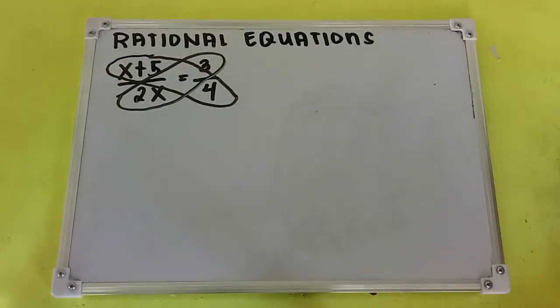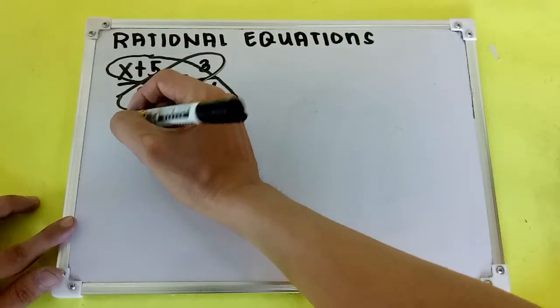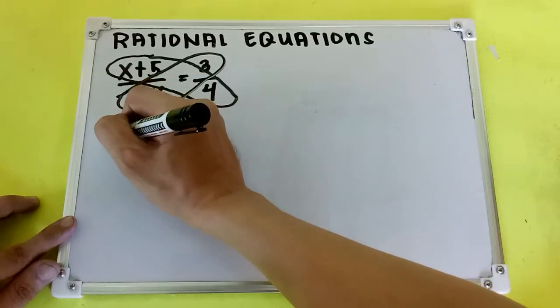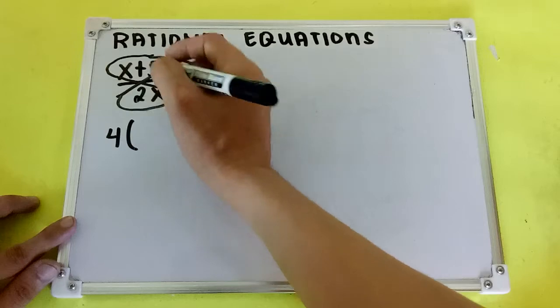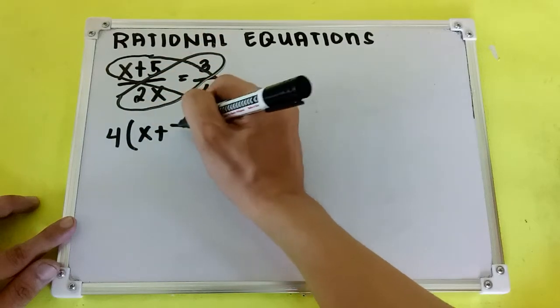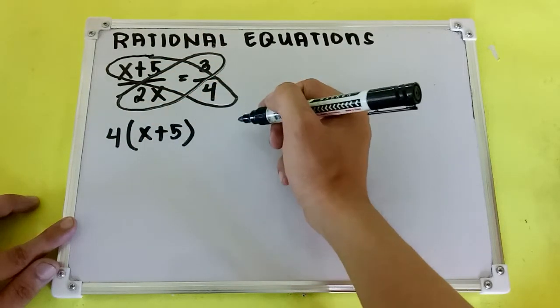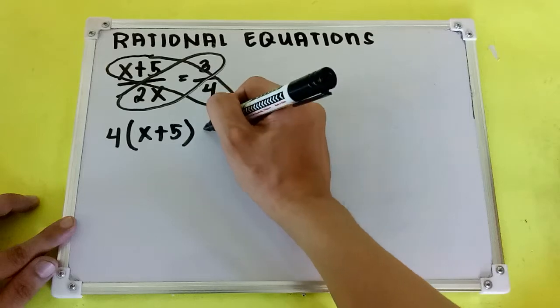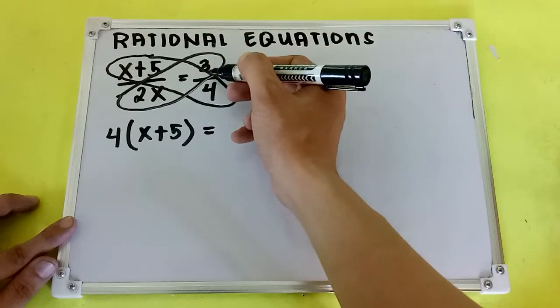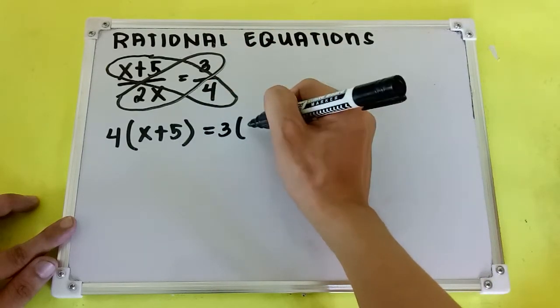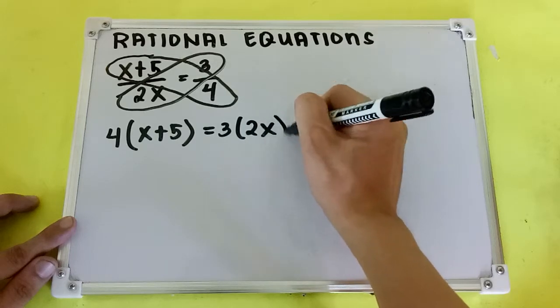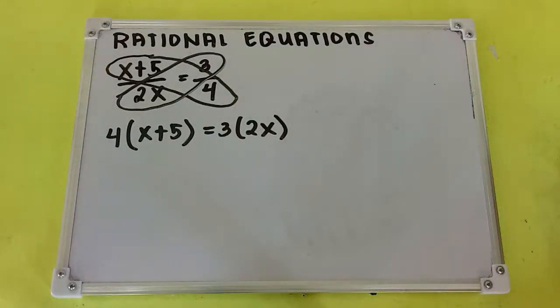And then, write the expression. So, yung 4, imumultiply natin kay x plus 5, and then equal sign, yung kabila naman, 3 multiplied by 2x. So, ayan, naisulat na natin siya.